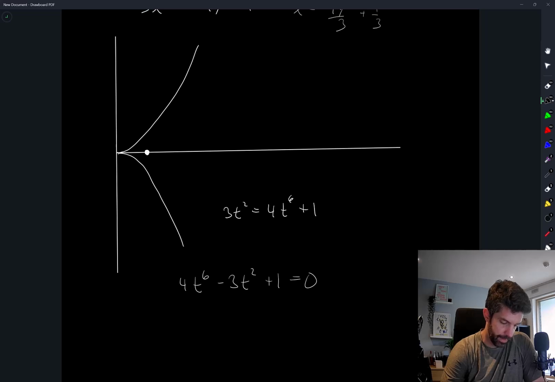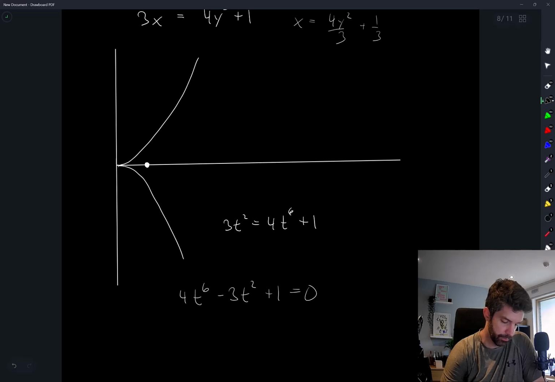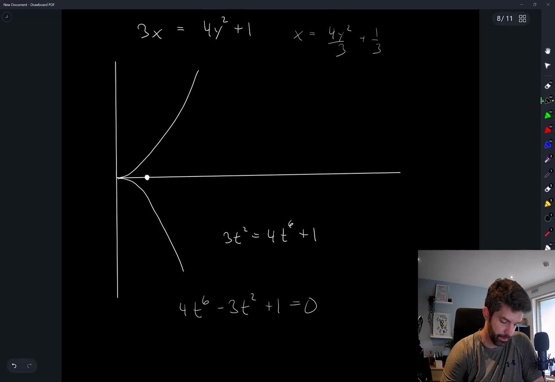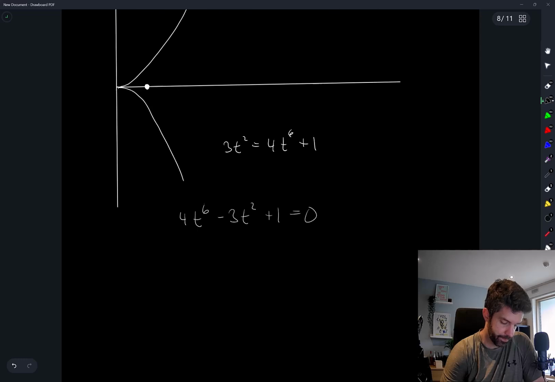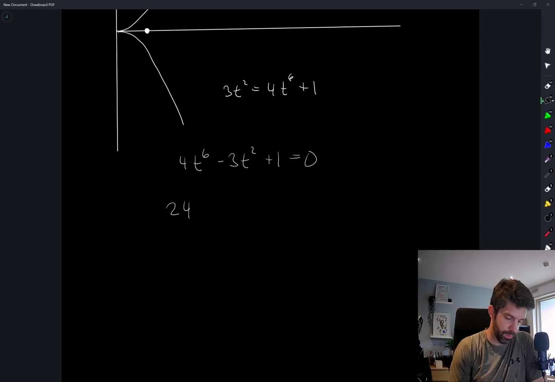And of course we can restrict ourselves to positive values of t because of that symmetry we had earlier. So when t is equal to 0, the left-hand side is positive. If I take a derivative, I have 24 t to the 5 minus 6t.